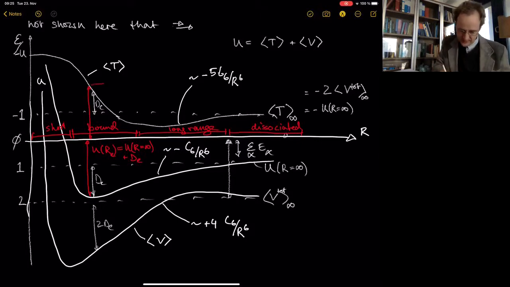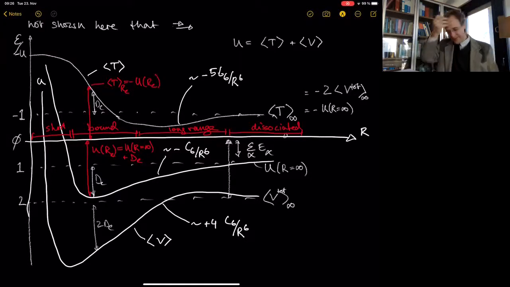So this is T at RE equals minus U at RE, right?